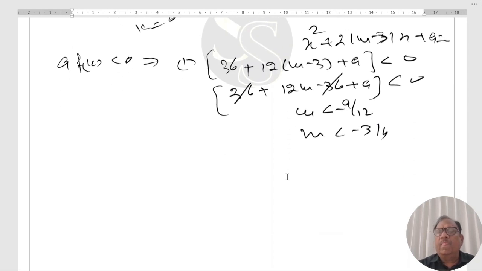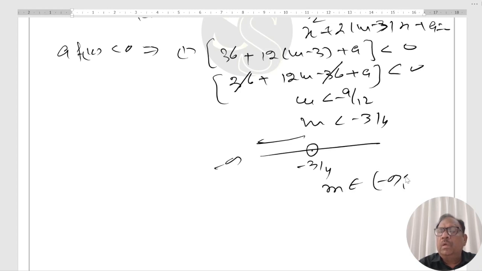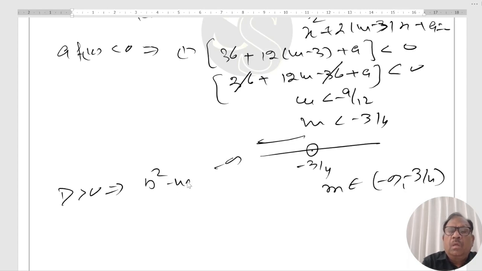According to this, number line पे m minus 3 by 4. This side जाएगा minus infinity. You can say m belongs to minus infinity minus 3 by 4. Right? And d should be greater than 0. B square minus 4ac should be greater than 0.